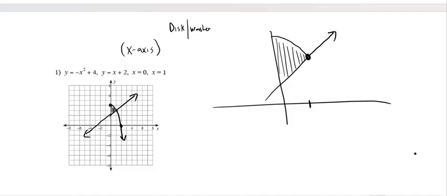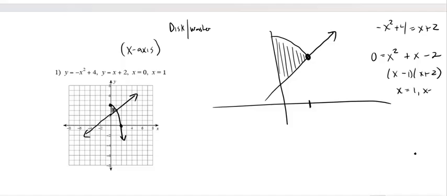It looks like it's x equals 1, but I want to be sure about that, so I can set these equal to one another. Negative x squared plus 4 equals x plus 2. So I'll move everything to the right, so that's 0 equals x squared plus x minus 2. And then I factor, and I get x minus 1, x plus 2. So my intersection points are x equals 1 and x equals negative 2.